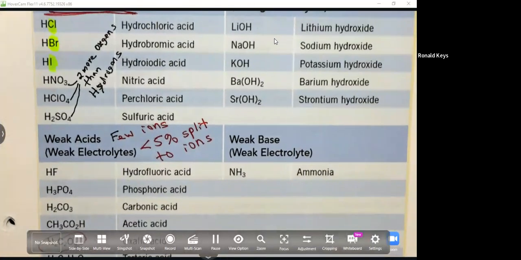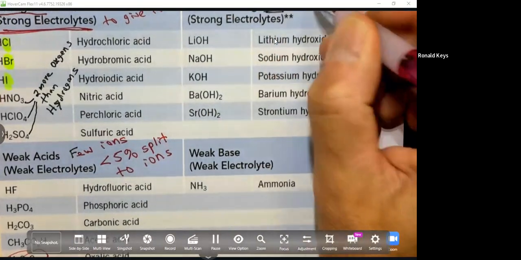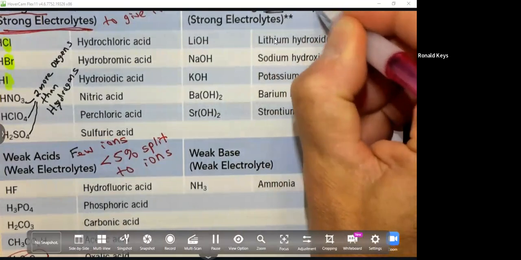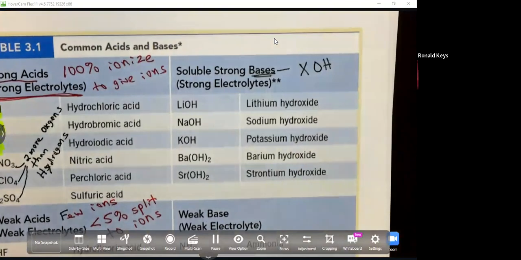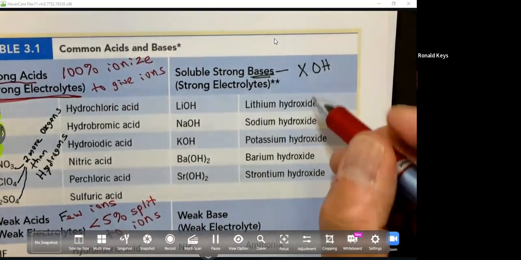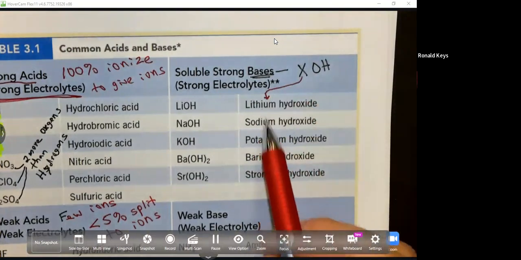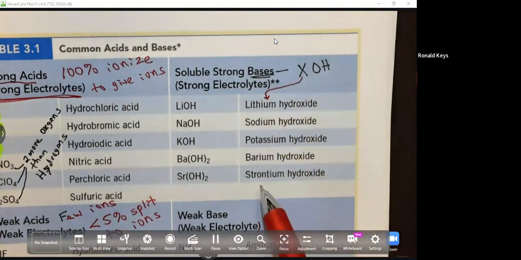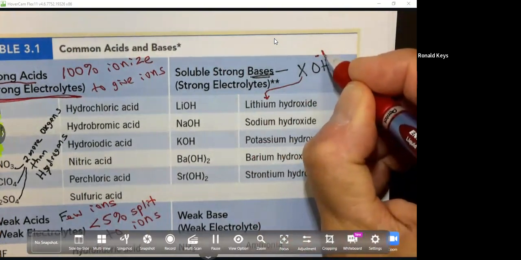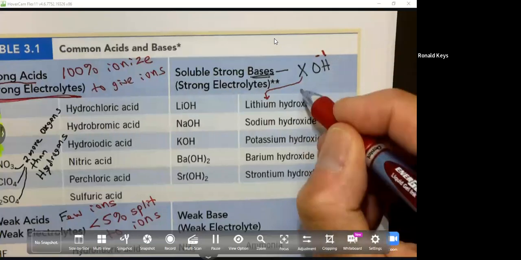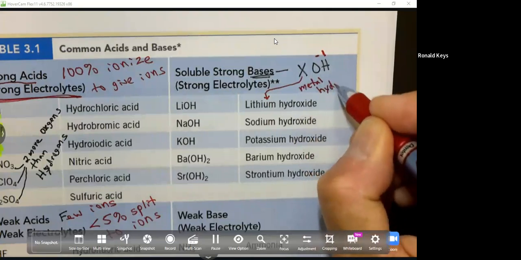Now let's talk about bases. If you have a base, again, typically it is a metal hydroxide. XOH is my generic, a metal hydroxide. Here's my metals: lithium, sodium, potassium, barium, strontium. What's my charge of hydroxide? Always -1, right? Metal hydroxides are bases.